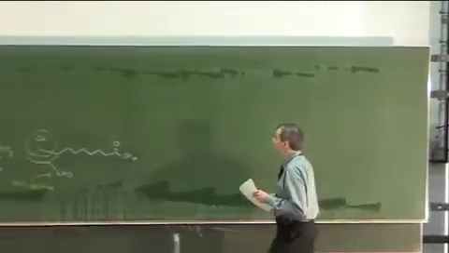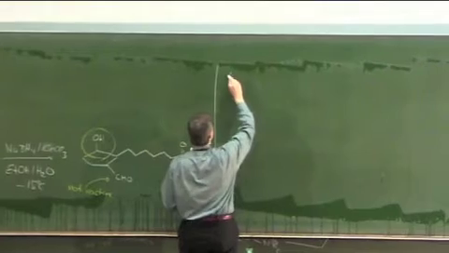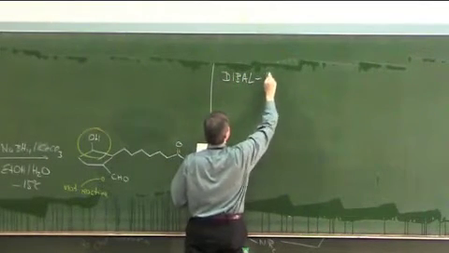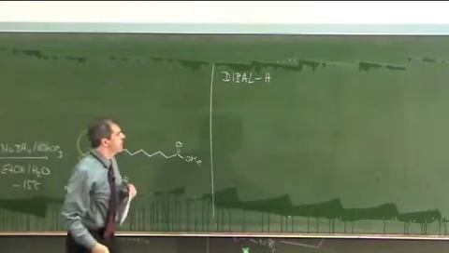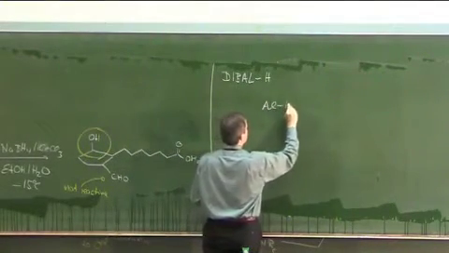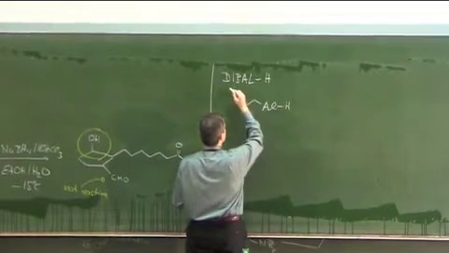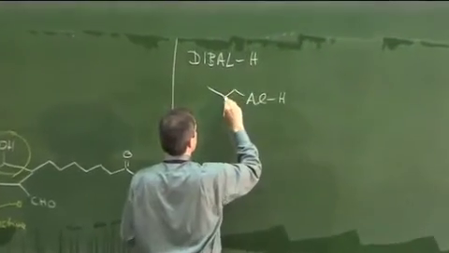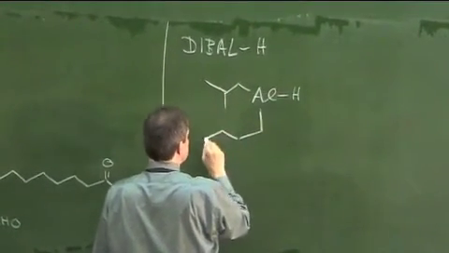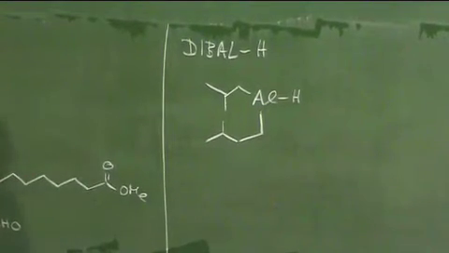Okay, let's look at another very important reducing agent, and this is called DIBAL. This is diisobutyl aluminum hydride.